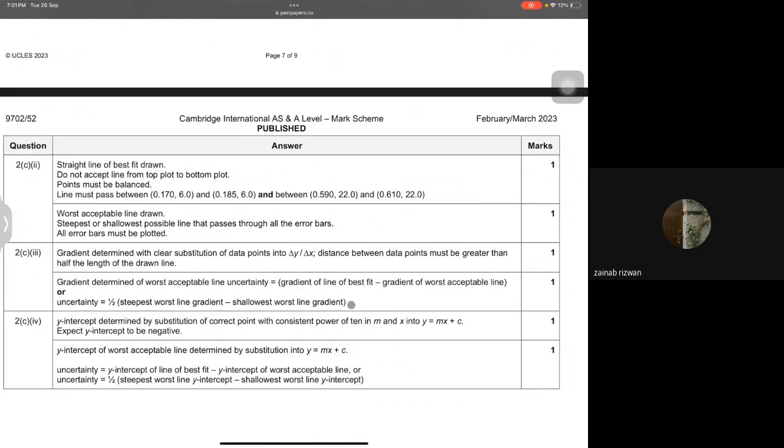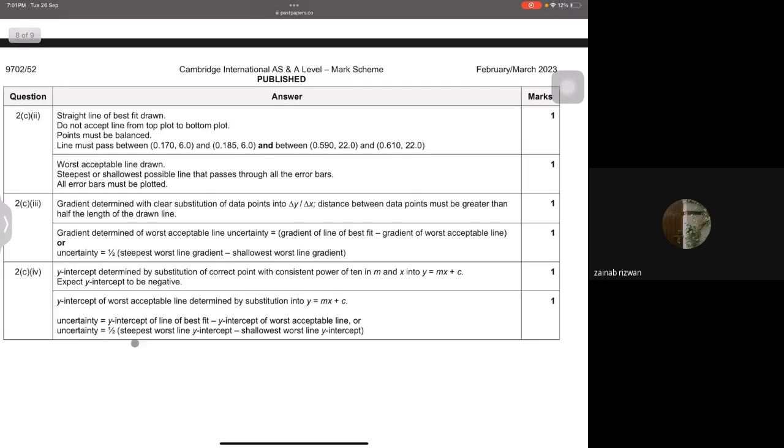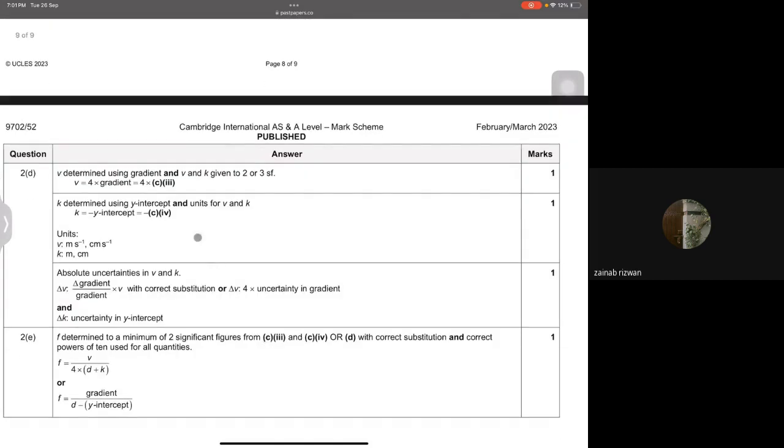That's what we have done. Then the y-intercept should be done with y equals mx plus c. Expect the y-intercept to be negative. Yes, we had that. And then the uncertainty would be the y-intercept of best fit minus the y-intercept of worst fit. So that's something.